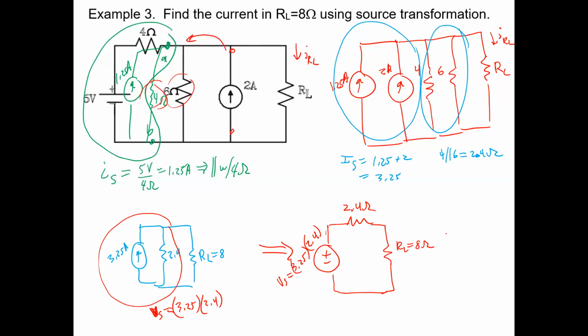And so now, by inspection, we can find that the current going through that load resistor, IRL, is just going to be the voltage source, this transformed voltage source, divided by the sum of those two resistors.